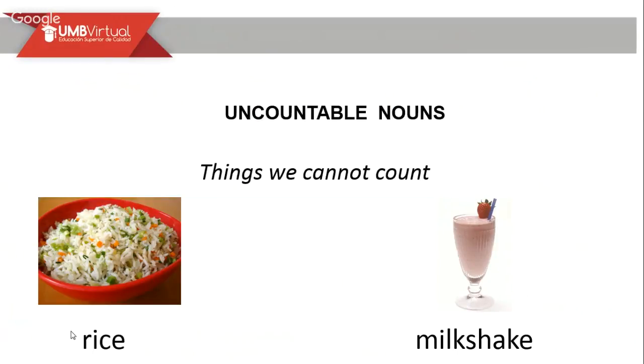Uncountable nouns, things we cannot count: rice and milkshake. Rice is not possible to count, right? And milkshake, it's another thing that we consider impossible to count. So, in this regard, no podemos colocar a rice ni a milkshake, porque como esos sustantivos no se pueden hacer plurales, tanto para singular o para plural, tenemos que ponerlos de esta manera.